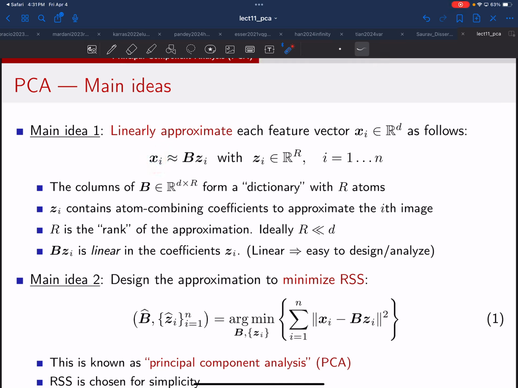If I use d vectors, then B is a square matrix, and I can perfectly approximate all my x_i's without any loss. But as soon as the matrix is no longer square, but tall, now I'm not including some subspace within my data, and I cannot match x_i in that subspace. So I'm going to lose something.